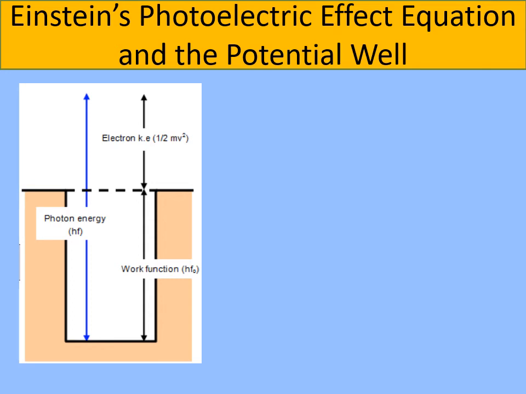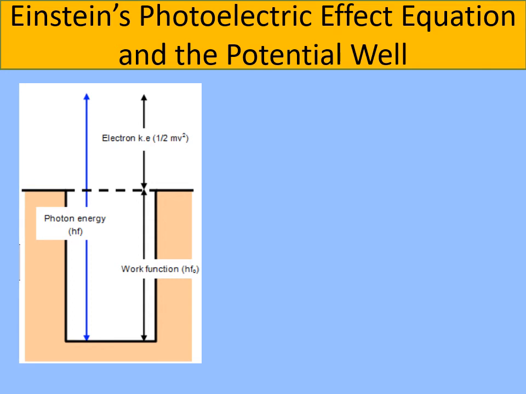The kinetic energy of the electron is just the difference between the energy of the quantum and the work function of the metal. We can express this in a slightly different way, whereby we know that the work function phi is also equal to hf0.